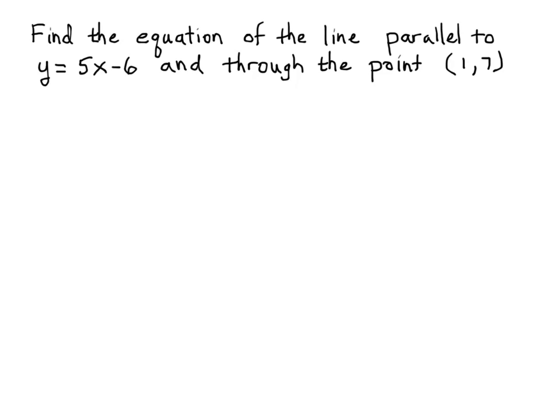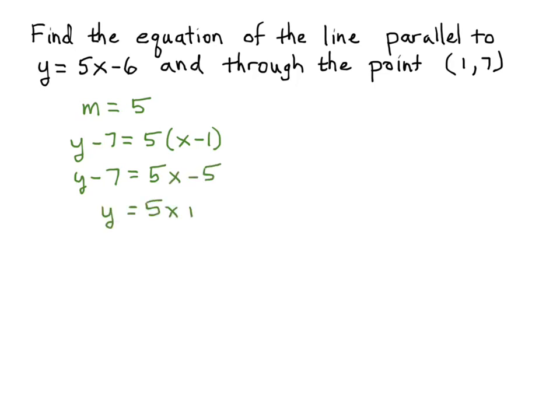And then all we need to do is use the point-slope form using this slope, and we'll get what we're looking for. So on this one, I identify my slope, and then I have my point, y minus 7 equals 5 times x minus 1, and then we can just simplify that and put that into slope-intercept form.